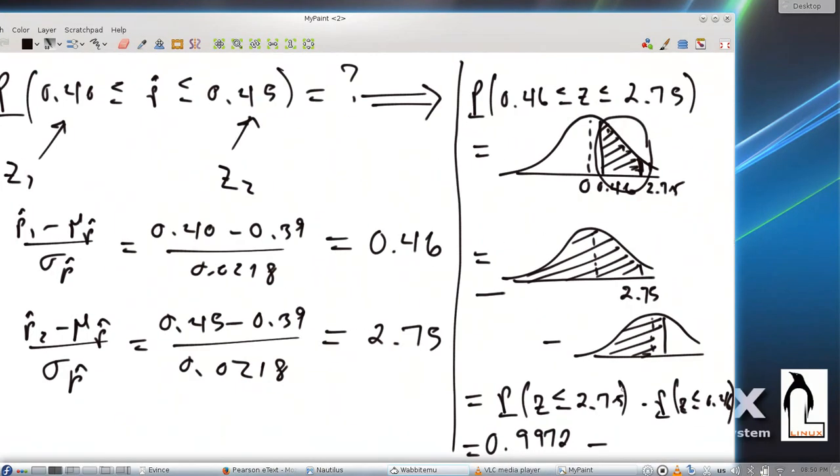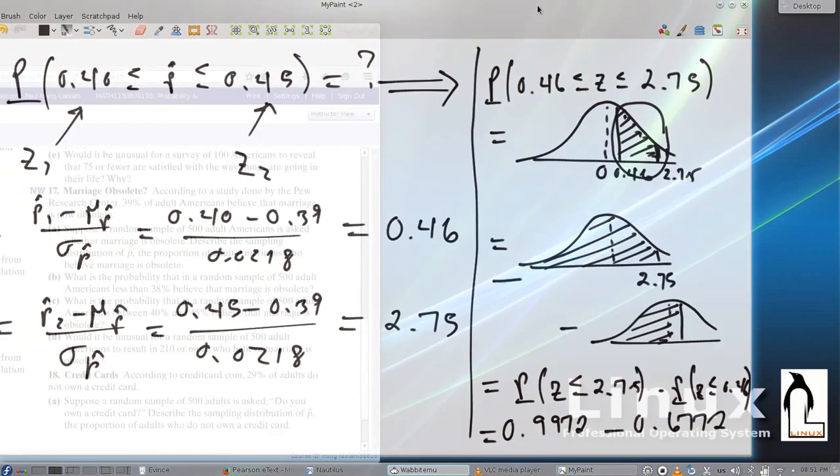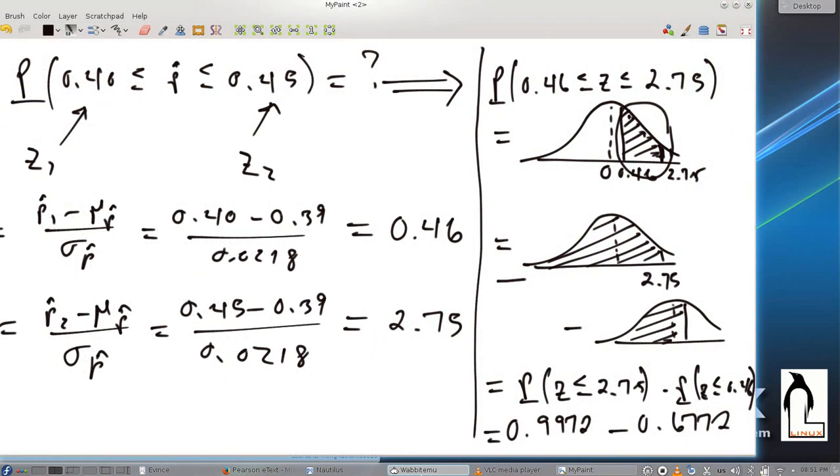The difference between these two values will give us the answer. And I guess I kind of ran out of room here. Let me see here. I guess I did. Well, I'm going to use the right arrow like this.